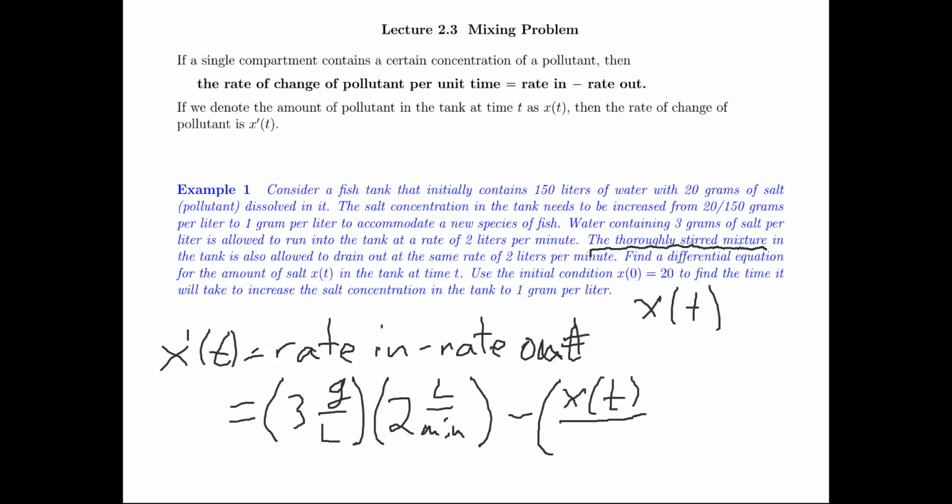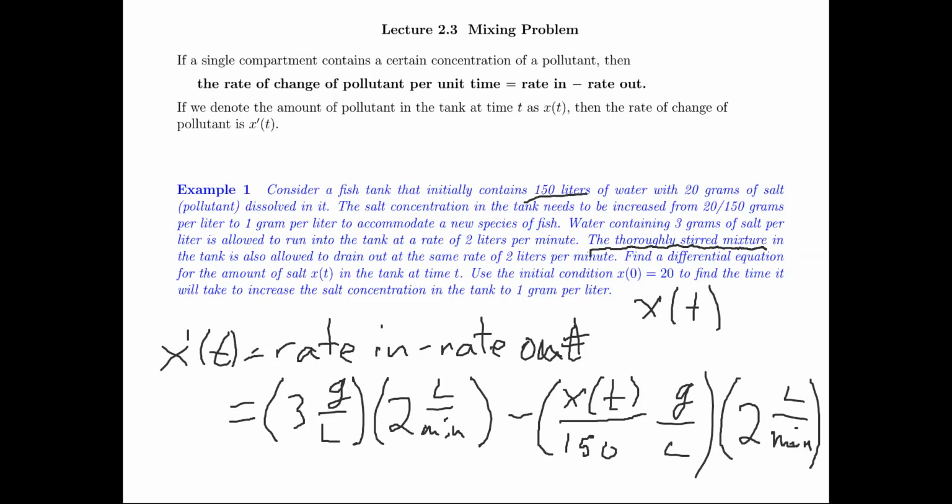Well, that is 150, which we're given in the problem, and this is grams per liter. And then we multiply that by the rate of the water leaving the tank, which we said was the same as the rate in, so it was also 2 liters per minute.